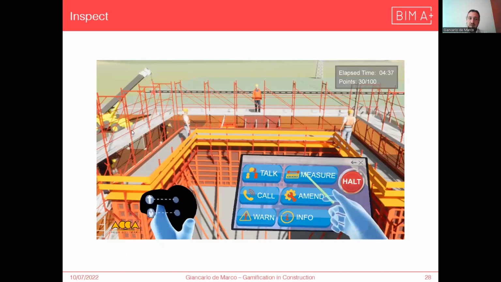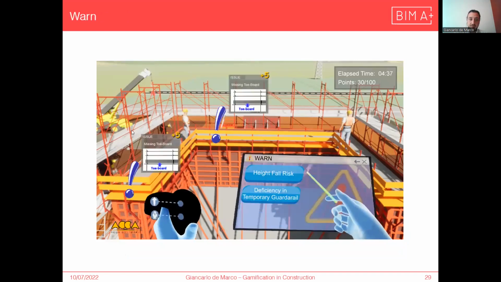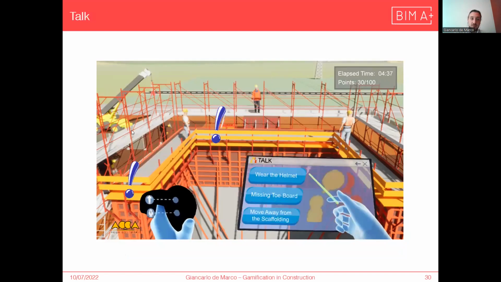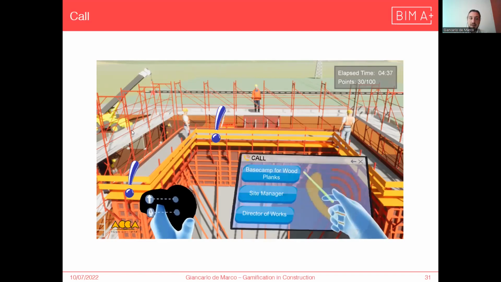Here is some visualization of what this application could be and the abilities that the appointed work supervisor can use on site: of course, to inspect, to warn about some risks on site, also to talk to the NPC, trying to ask them to wear a helmet or, in this case, to place a missing toe board.